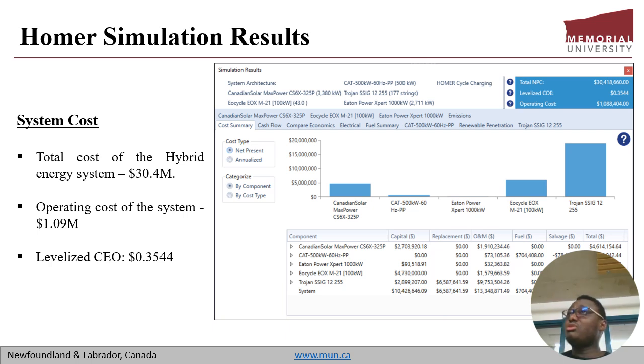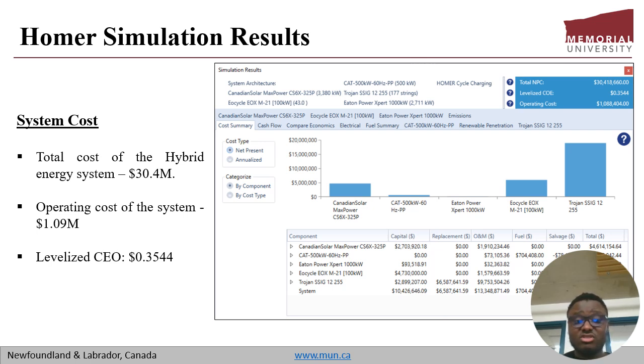But in the long run, over time, this particular system is going to recoup the cost that is going to be spent on this project. The operating cost of the system is about $1.09 million.